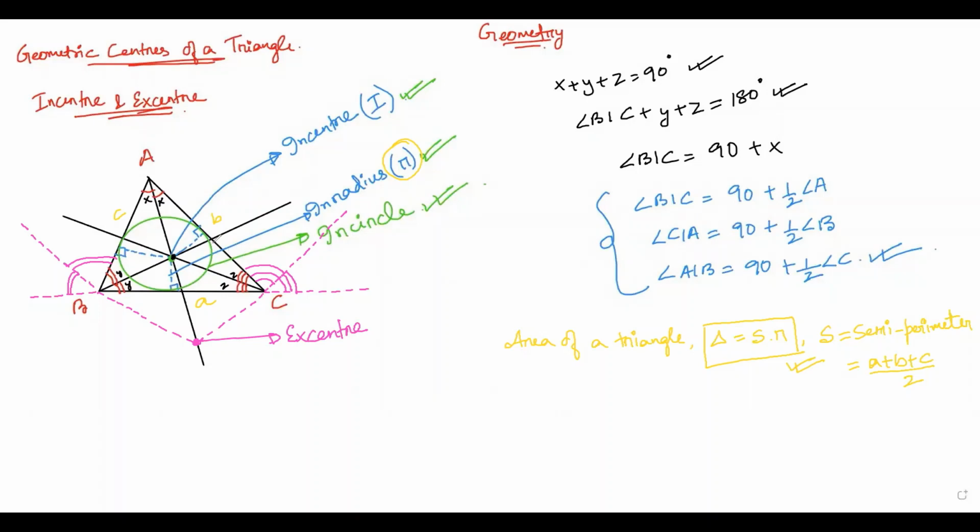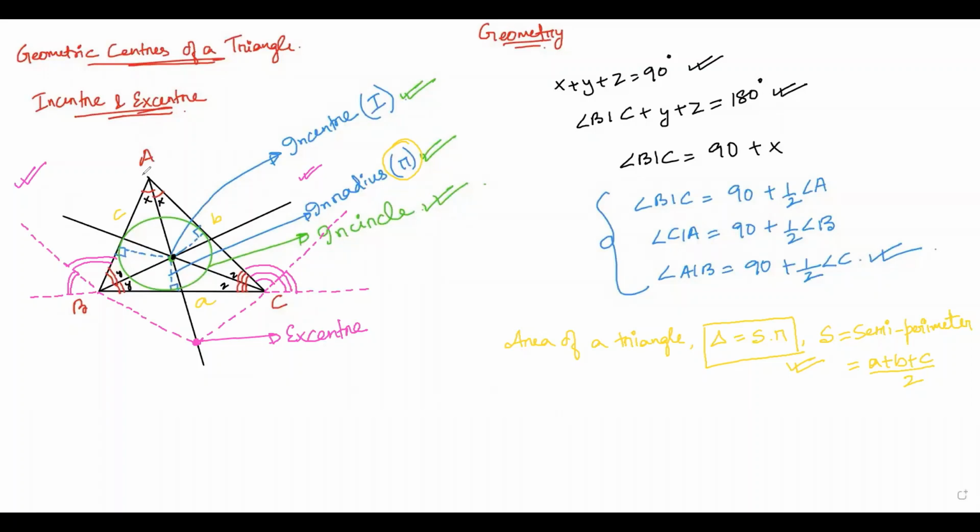In a similar way, if we consider the internal bisector of angle B and the external bisector of angle A and the external bisector of angle C, we'd be getting another excenter somewhere here. And in a similar way, if we consider the internal bisector of angle C and the external bisectors of angle A and angle B, then we'd be getting another excenter somewhere here.